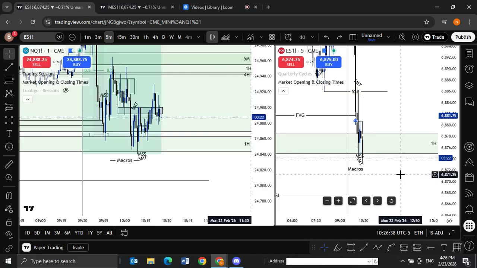Now, I think we're going to break through this 5 minutes fair value gap on Nasdaq.